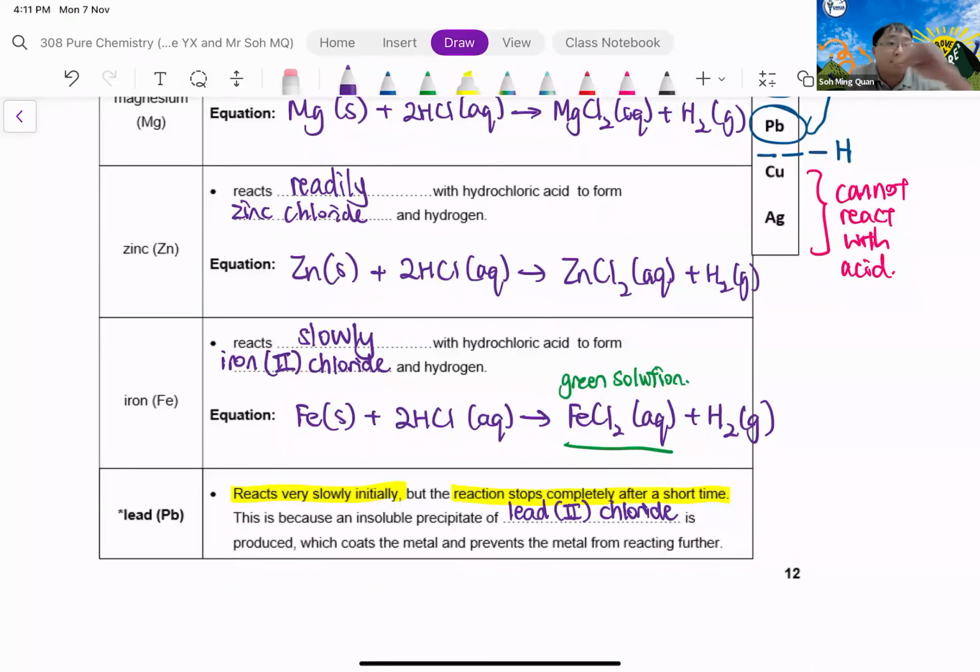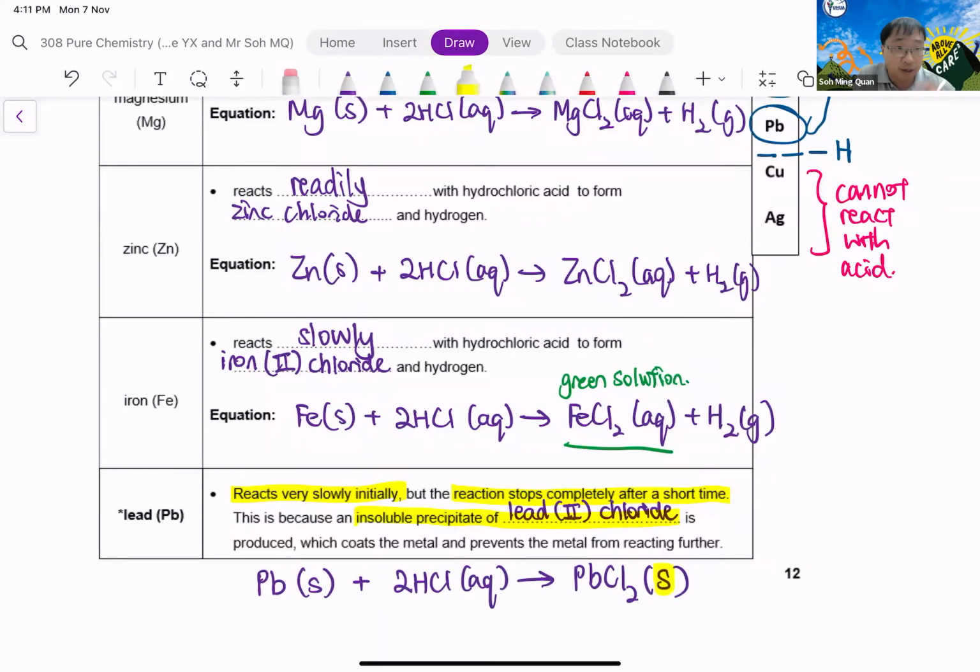So lead 2 chloride and silver chloride, they are the insoluble chlorides. Because they are insoluble, this means that the lead 2 chloride is a precipitate. It's a solid. So how do you write the equation? Well, lead plus HCl, it will form lead 2 chloride, PbCl2, but PbCl2 is a solid. It is not aqueous like the previous few metals.